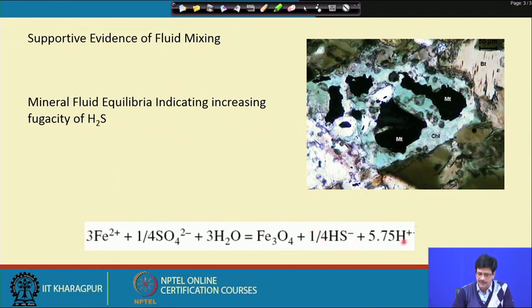One can write such a reaction so that either HS minus and the H plus ion are liberated, or H2S, and similarly the H plus ion is liberated.